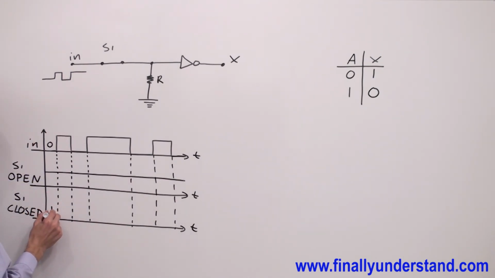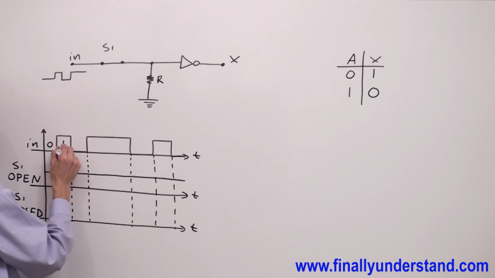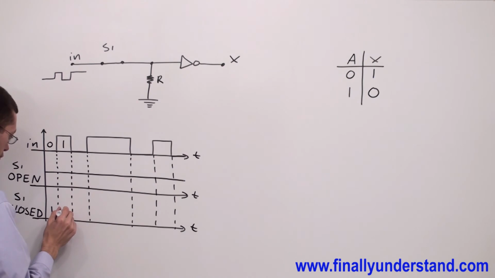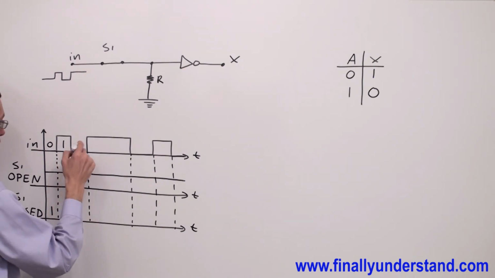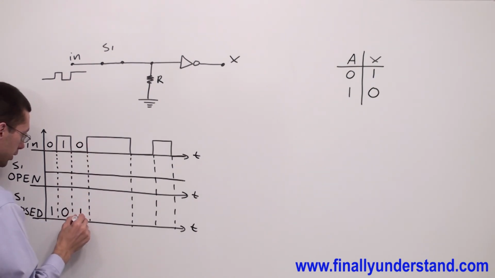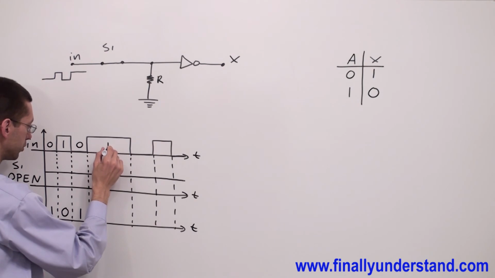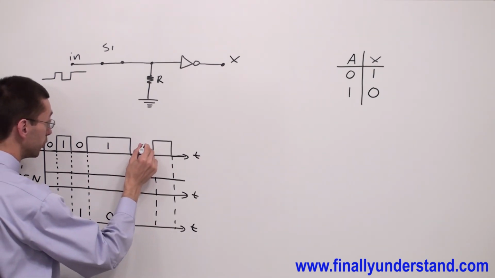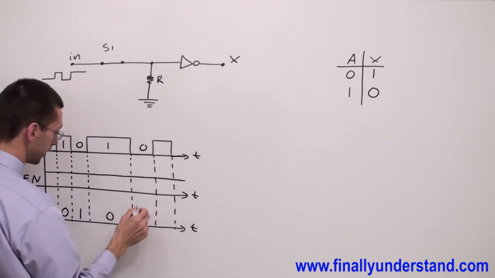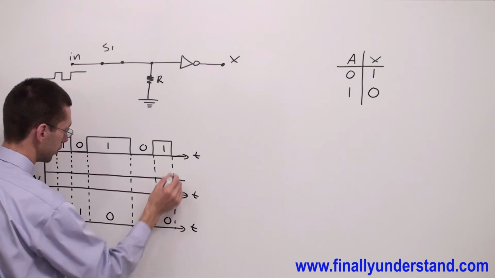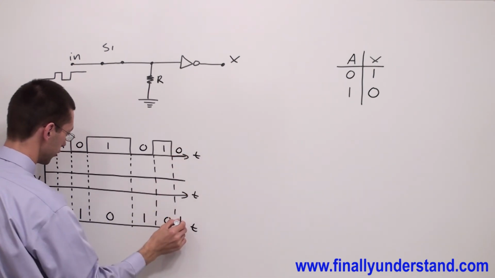If I have high at the input of the inverter, the output is going to be 0. And again, if you apply 0 to the input, the output is going to be high. If I have high at the input, the output is going to be 0. And if I have 0 at the input, the output is going to be high. High gives me 0, and 0 gives me high.